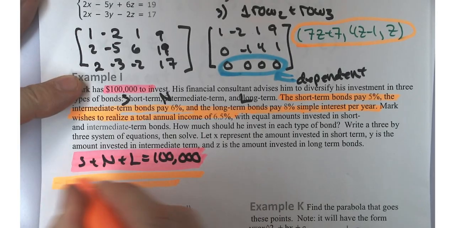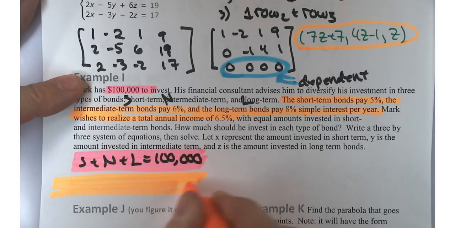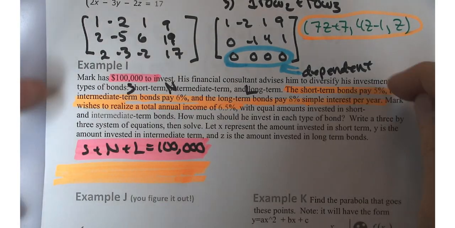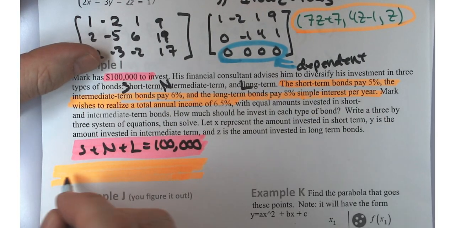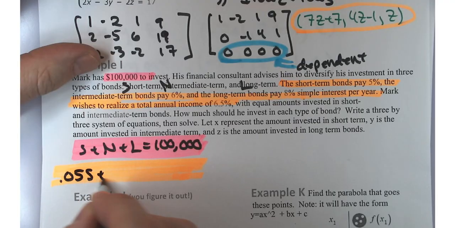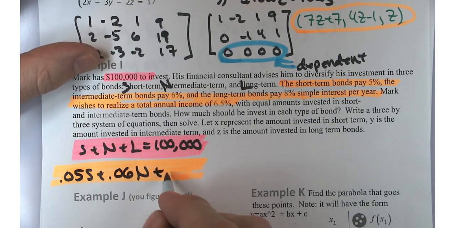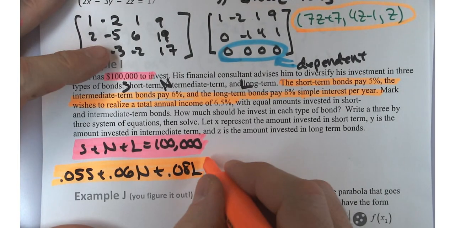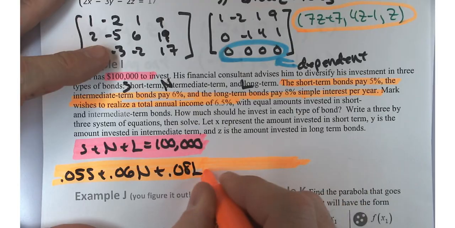So I'm trying to color code these things for you, so if you look back at the notes, you'll see, well, where did this equation come from? It's coming from what I have highlighted here. So 5%, 0.05S plus 0.06N plus 0.08L, that's how much money he's getting in interest. And he wants to make overall 6.5% interest on his money.